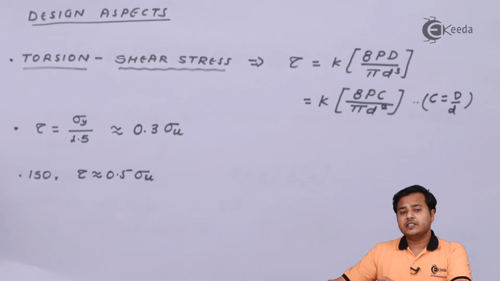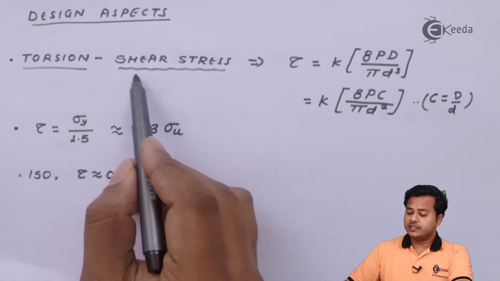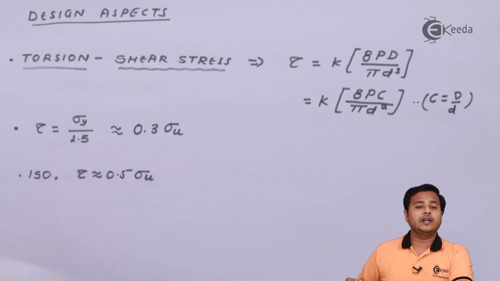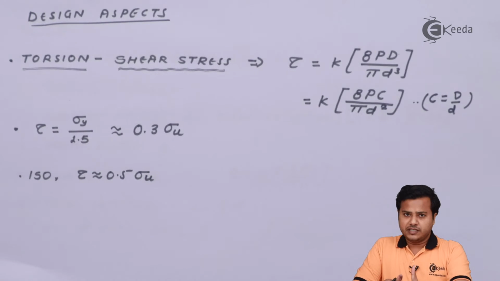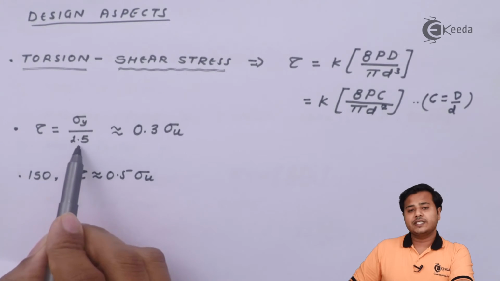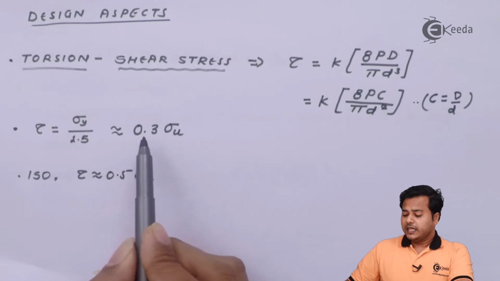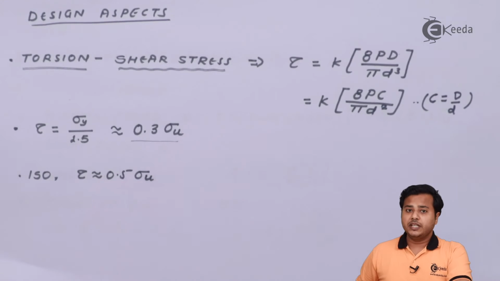There is another aspect called material property, which is the shear stress. Since we are considering shear stress, it has a particular value for the spring design. It's a standard value given by the association which deals with spring design aspects. Earlier we used to take this value as exactly half, but this value can be used for the yield stress, which is approximately 0.3 times, or 30%, the yield strength of the given material.